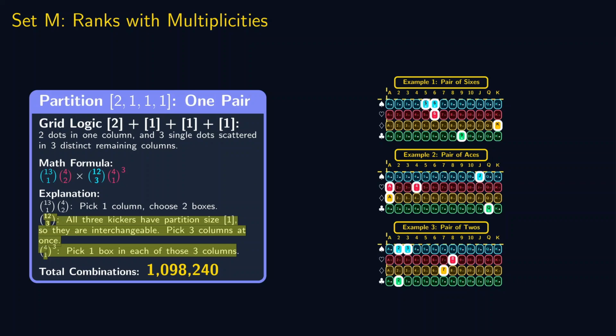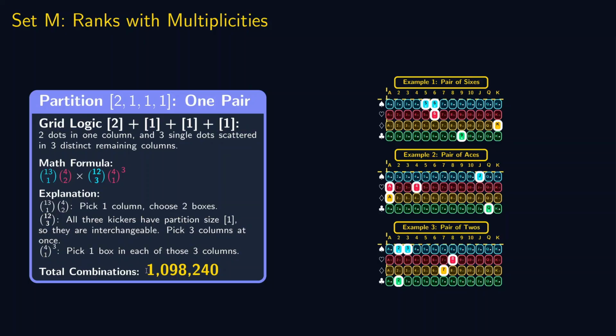Then within each of those 3 kicker columns, we pick 1 box from 4. 4 choose 1 for each, which is 4. Since we treat all 3 columns simultaneously, we raise 4 to the power of 3. 4 cubed is 64. The kicker part contributes 220 multiplied by 64, which equals 14,080.